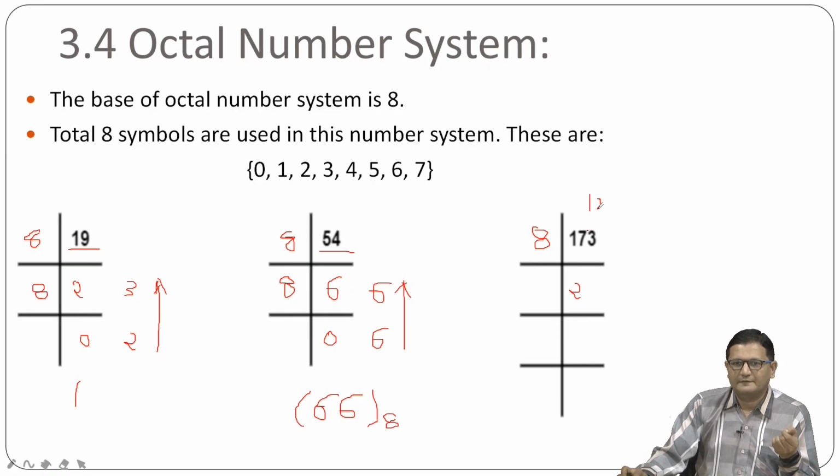Now 13: 8 ones are 8, but here we need to bring 13. So 13 minus 8, how much remains? 5. So you mention 5 here.